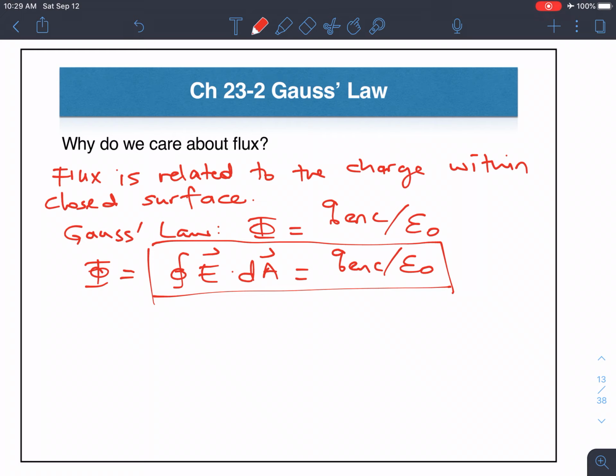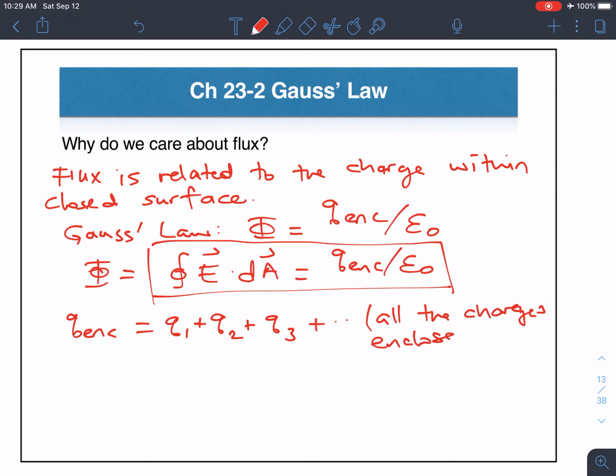Okay, here the charge enclosed can be just, if we have several, let's say, charged particles, you just add them up, but only the ones which are within the surface. So all the charges enclosed by the surface.